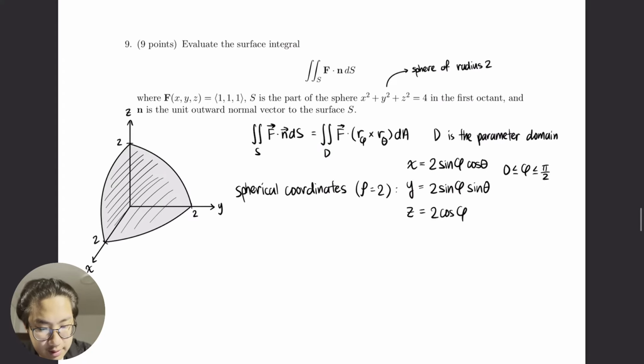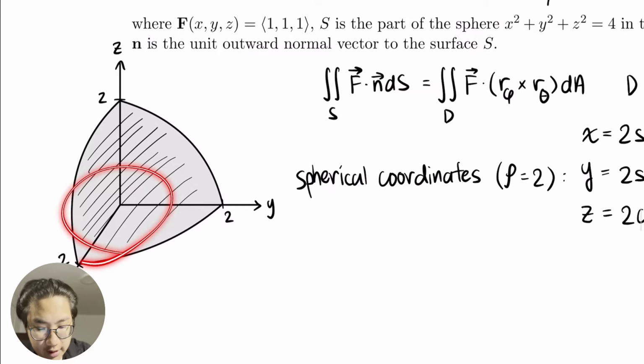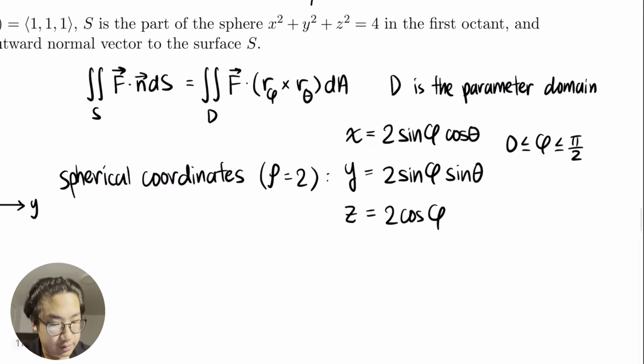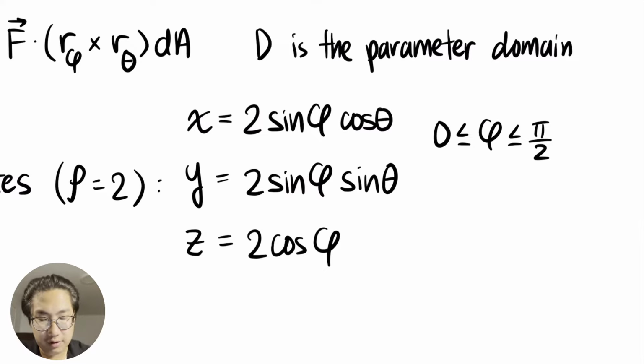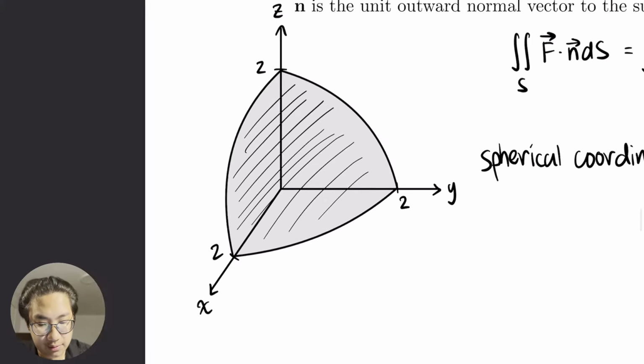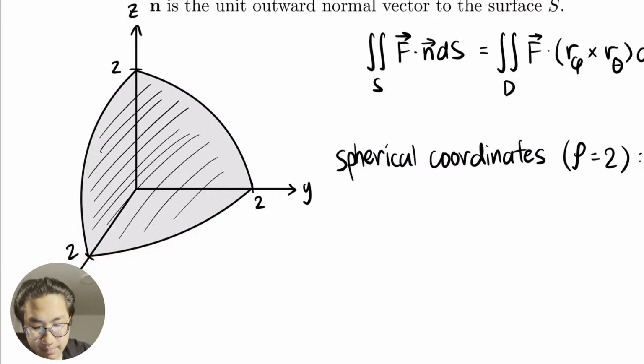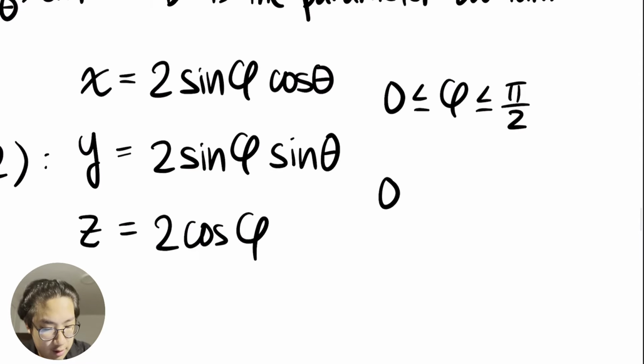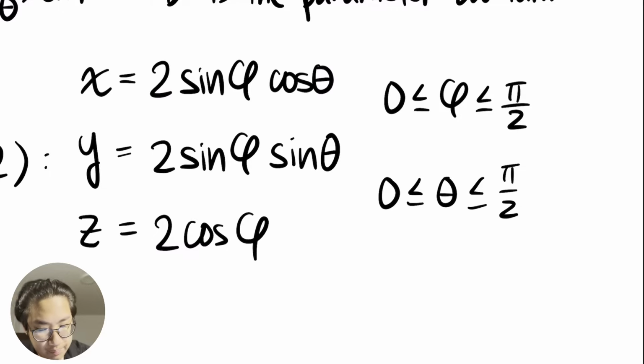And then theta, on the other hand, is our circular angle. It also goes between 0 and pi over 2 as well, because we're only traversing through this portion over here. So theta goes from 0 to pi over 2.